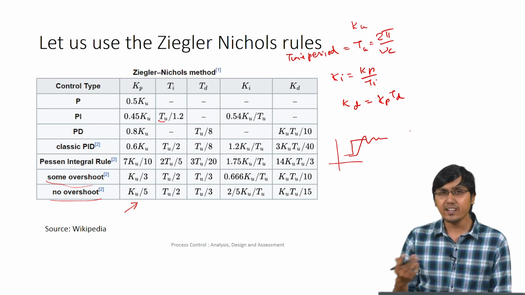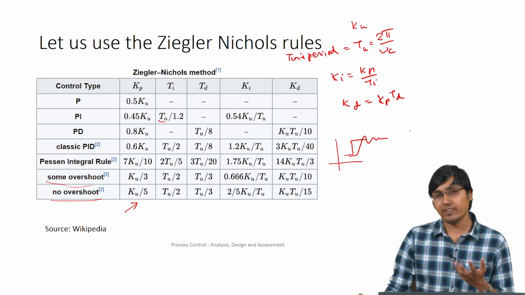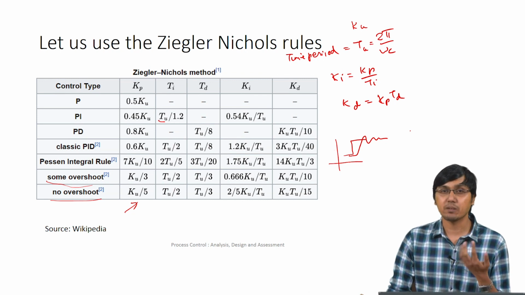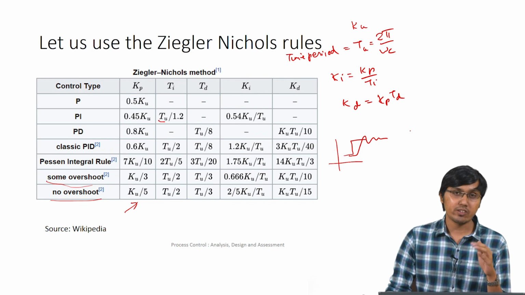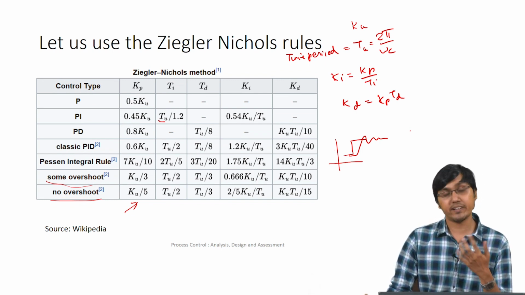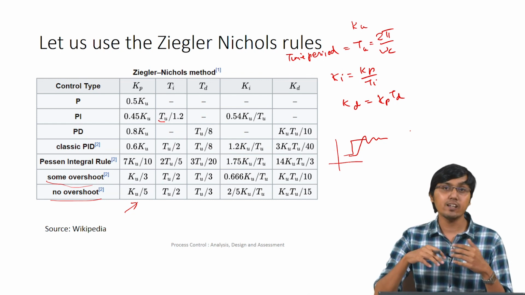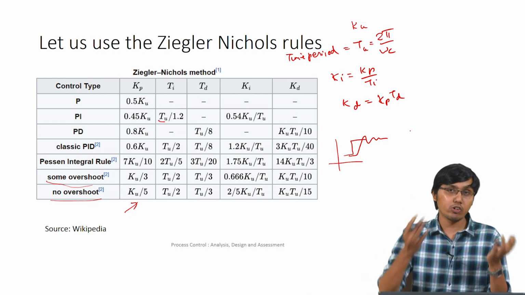One way to visualize why overshoot is important: suppose you have a tank, and you want to change the level from 50% to 80% of tank level. You are interested in whether, if there is an overshoot, the water will flow out of the tank or not.